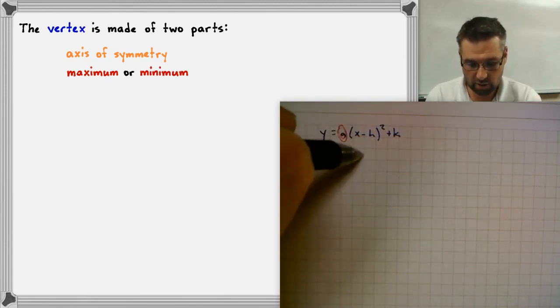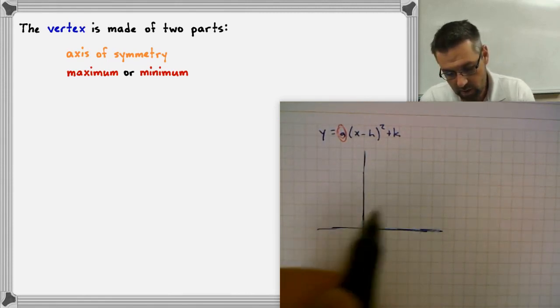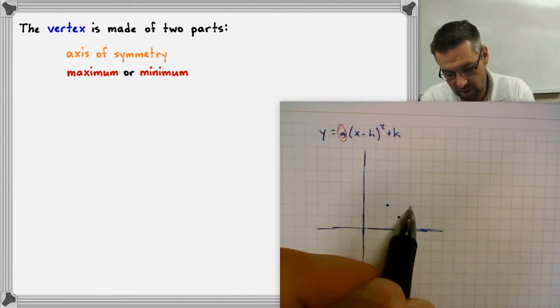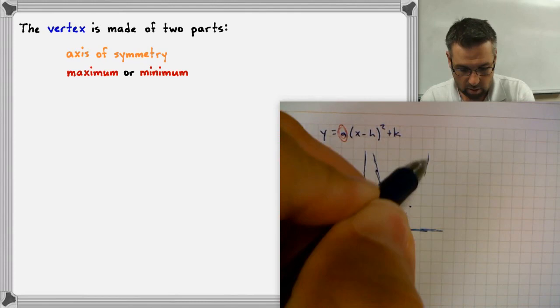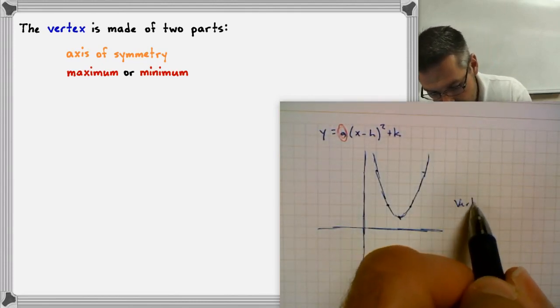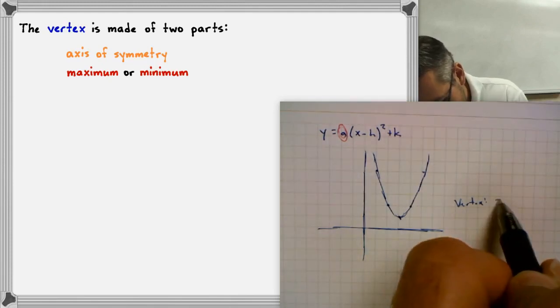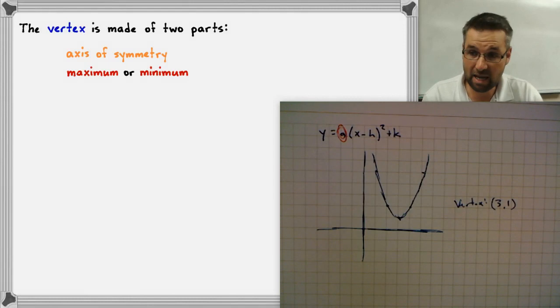Okay. So if I were to just look at a quick parabola here, let's say this is my parabola that I'm graphing. Well, the vertex we see right here, the vertex in this case is 3, 1, right? We go right 3 and up 1. Well, it's made up of two parts again.